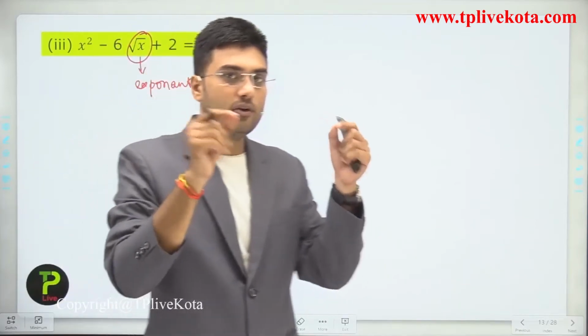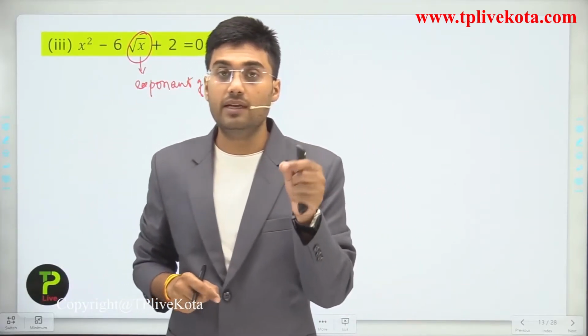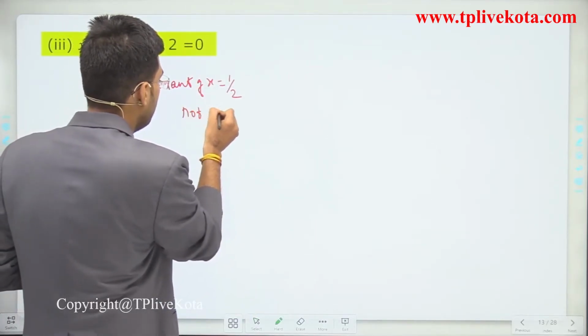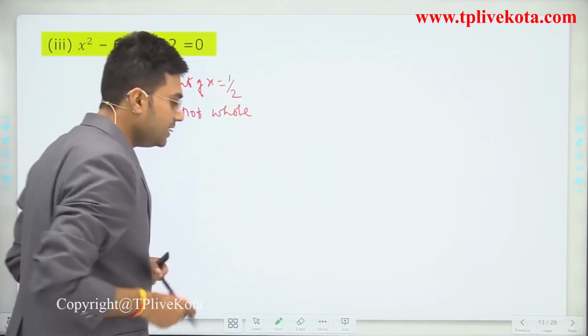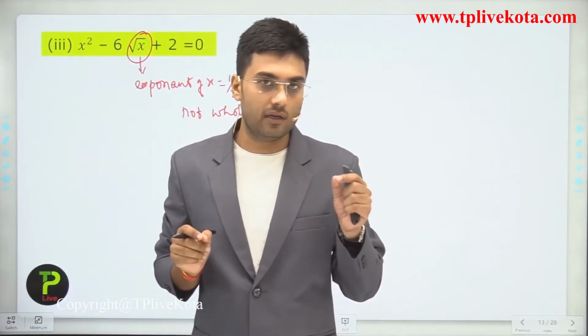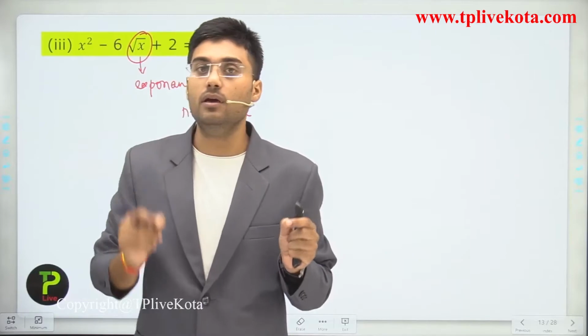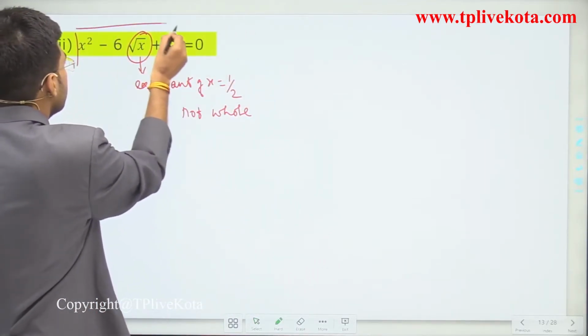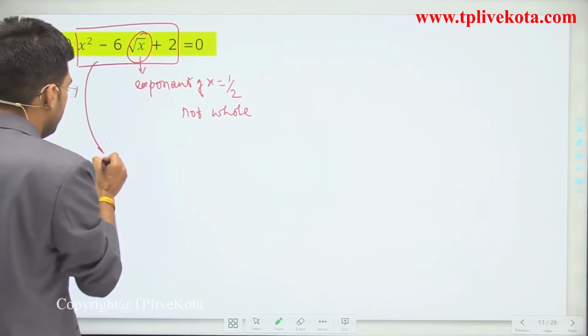If the exponent of x is 1 by 2, then this is not a whole number. And we studied that for a polynomial, the exponent of every variable should be a whole number. So we can say that this expression is not a polynomial.